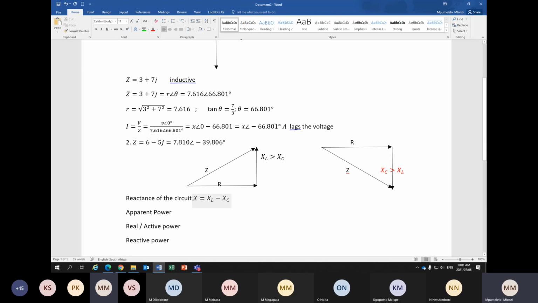This is our reactance. This is how we calculate the reactance.